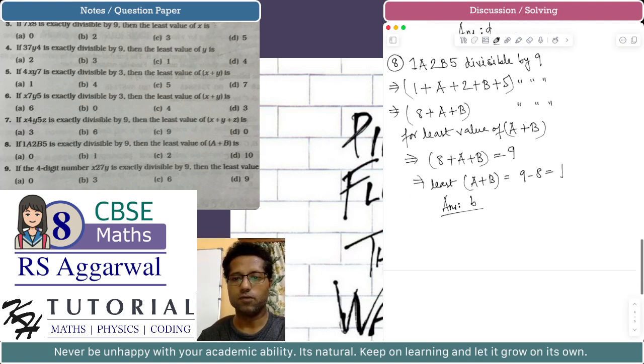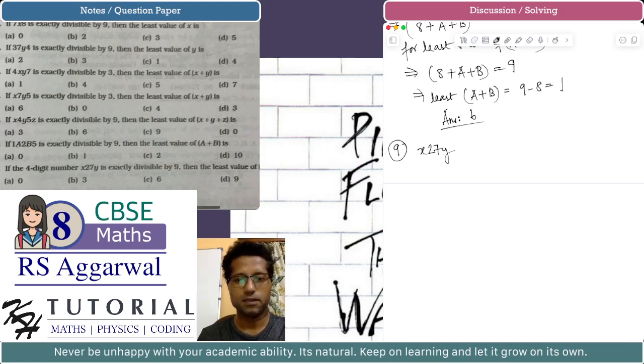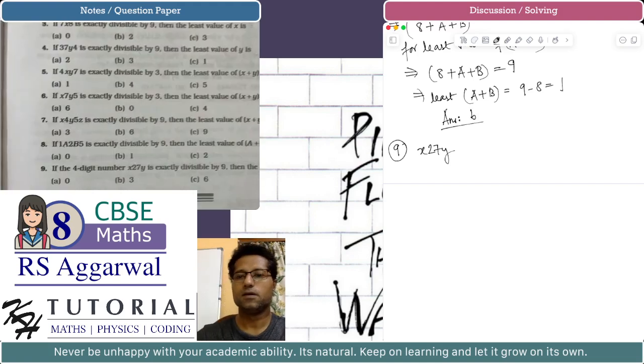Okay, let's do problem number 9. The number is x2027y. If this number is exactly divisible by 9, then the least value of x plus y. So this is given to be divisible by 9.